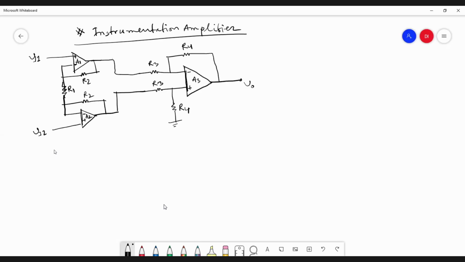This output can be V01 and this output can be V02.